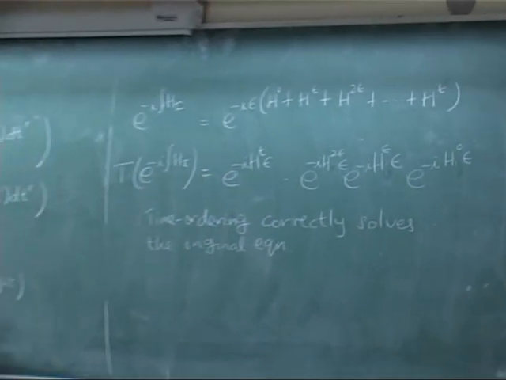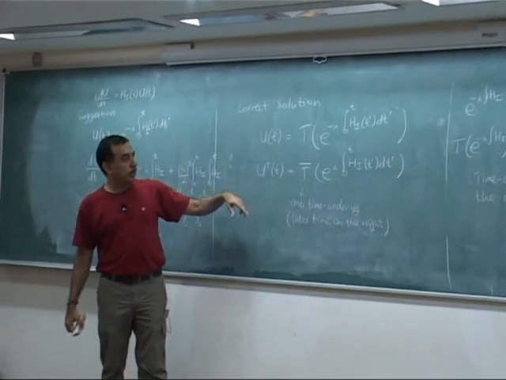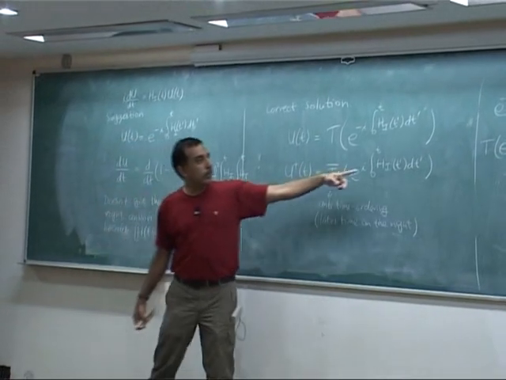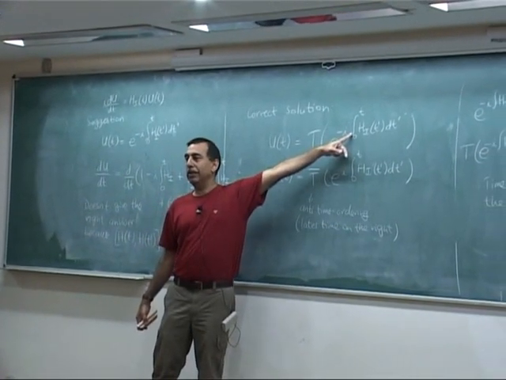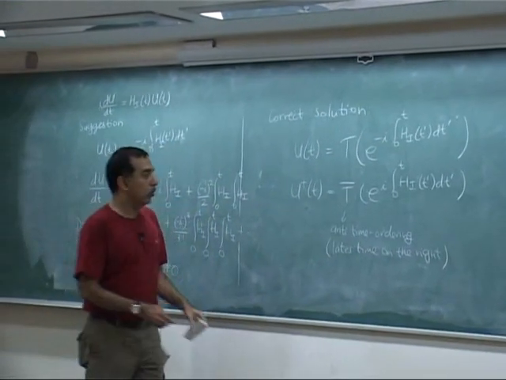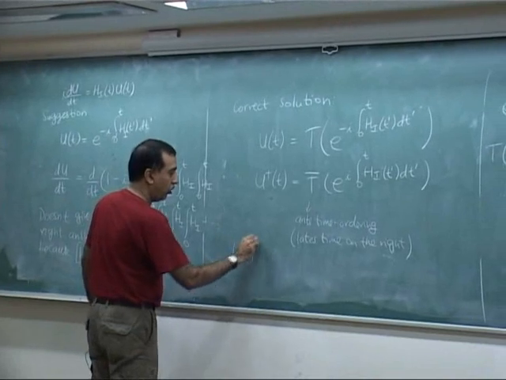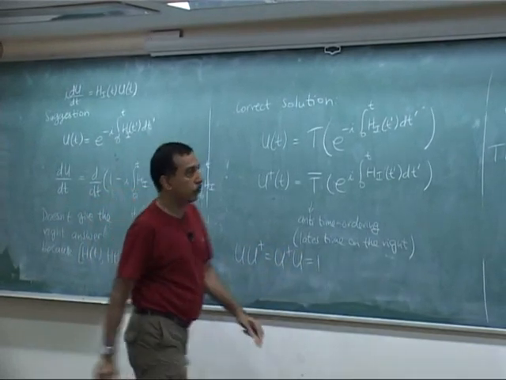If you multiply in the reverse order, also it's true. Because then u dagger with anti-time ordering has the latest time on the right and this has the latest time on the left. So they again keep cancelling and you get, both ways, u u dagger equals u dagger u equals 1.